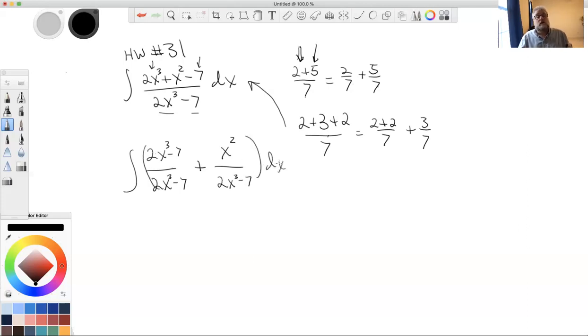Is that legal? Absolutely, it's legal, because we're just breaking up the order in which we add, and we're adding them like fractions. And what's this thing? 2x cubed minus 7 over 2x cubed minus 7. That is 1.